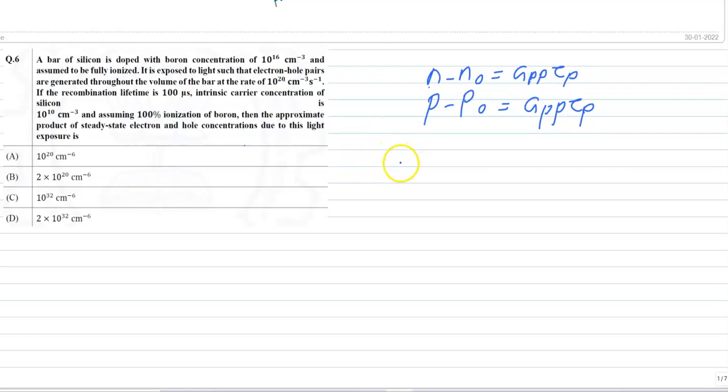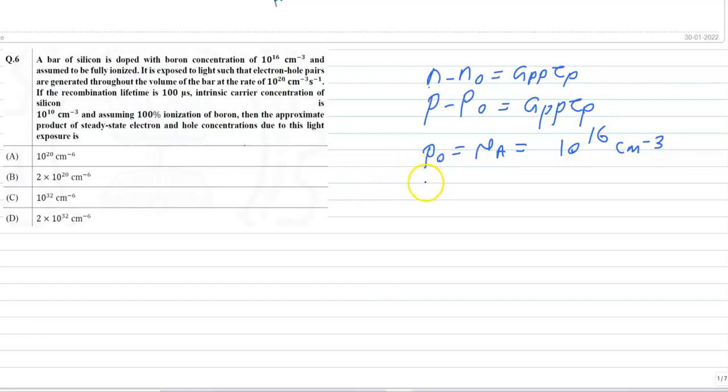As it has been given in the question that boron is 100% ionized. Boron is a trivalent impurity, so it is 100% ionized, meaning p naught is equal to Na, which is equal to 10 to the power 16 cm^-3.